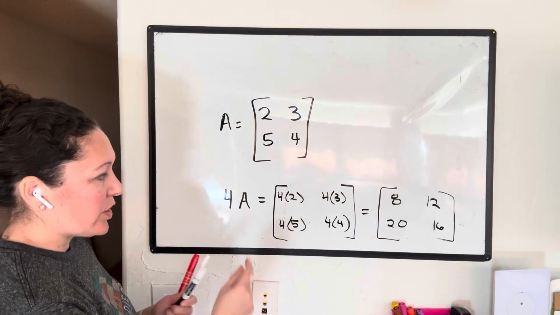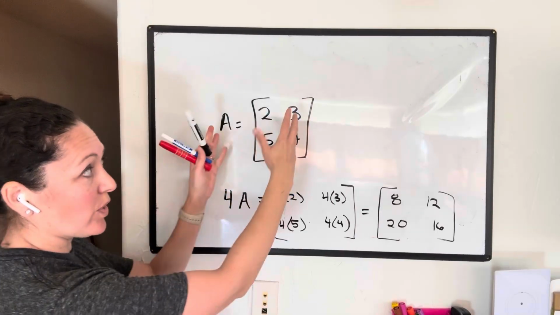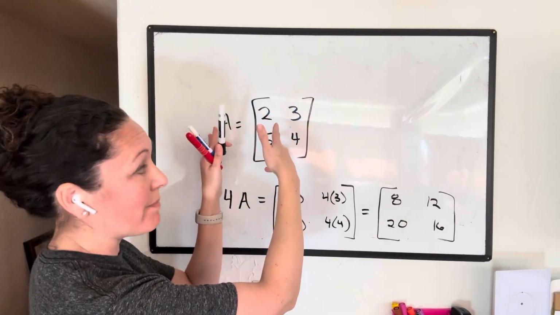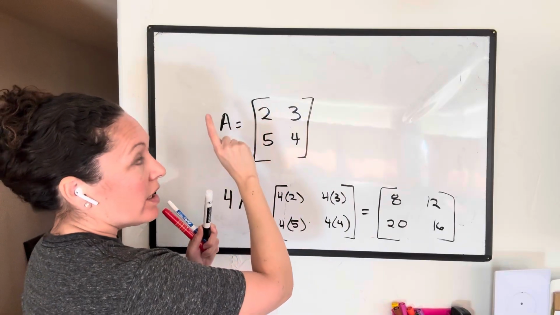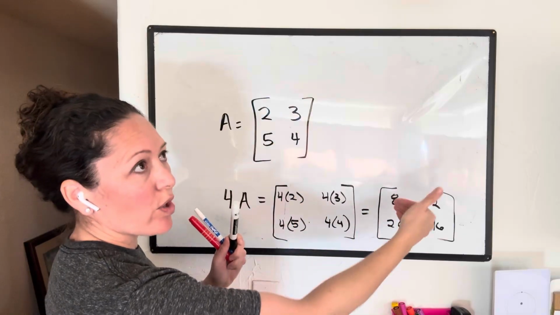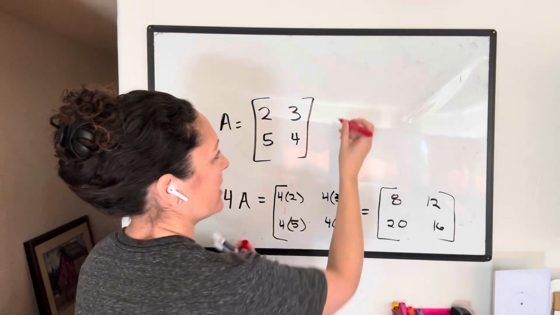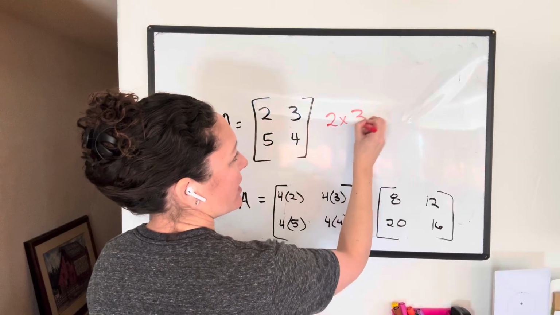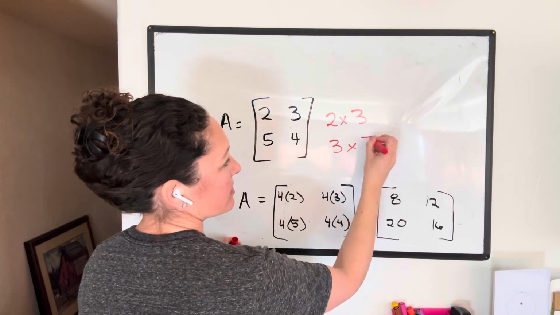A quick thing to note, if it's not just a number multiplying the matrix, if you want to multiply one matrix and another matrix, you can do that. But the columns of the first matrix have to match the rows of the next matrix. So I could multiply a 2 by 3 matrix with a 3 by 7 matrix.